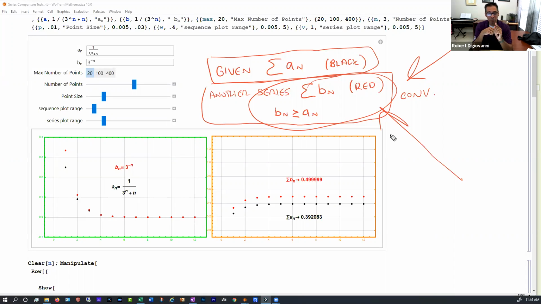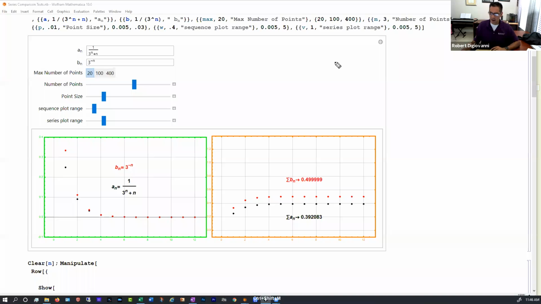But you need to know what that series does, the one that you pick. And then you have to show that this inequality is true. And if that inequality is true, and the series you're comparing it to converges, then so does the original one. We'll run through an example. I hope that you see the logic behind that.